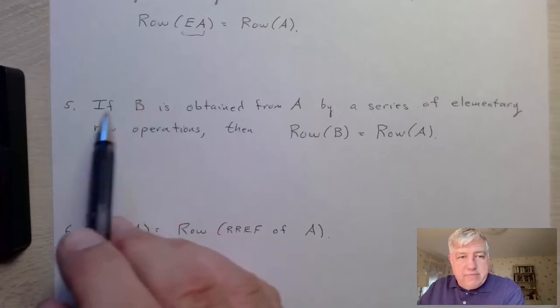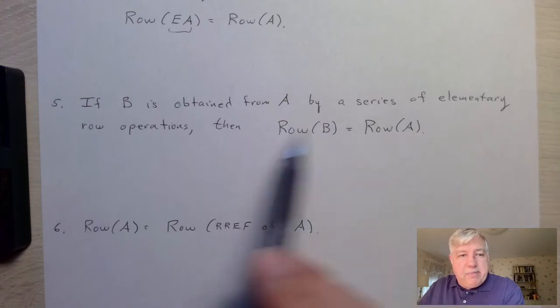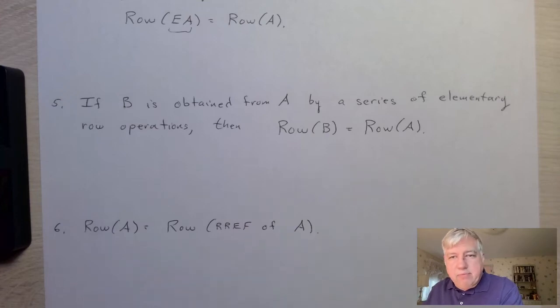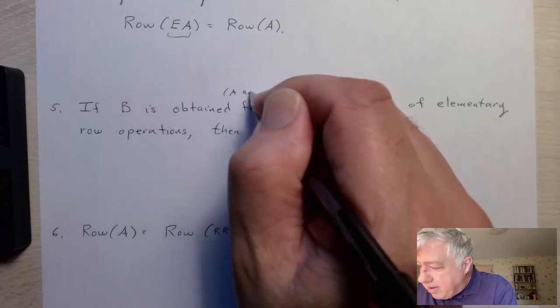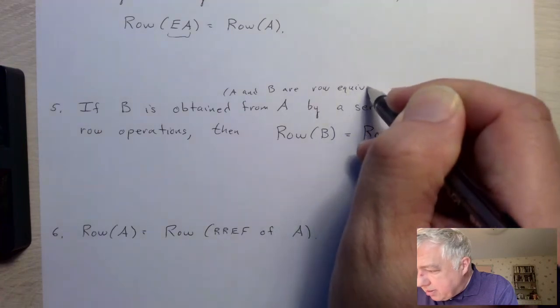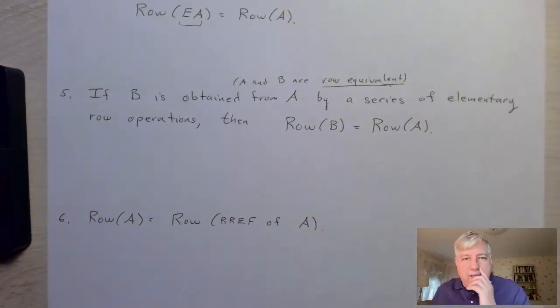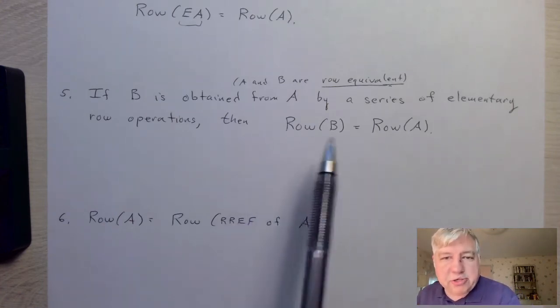So we get number 5: if B is a matrix obtained from A by a series of elementary row operations, then the row space of B is equal to the row space of A. The technical term for this is that A and B are row equivalent. That's just saying that one matrix can be obtained from the other by a series of elementary row operations. So the elementary row operations don't change the row space.